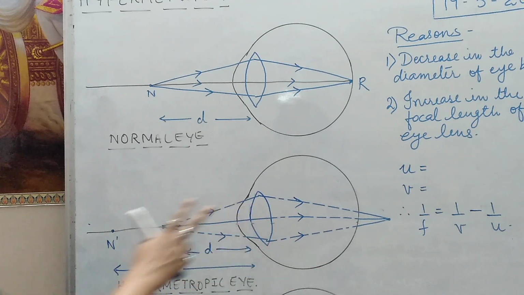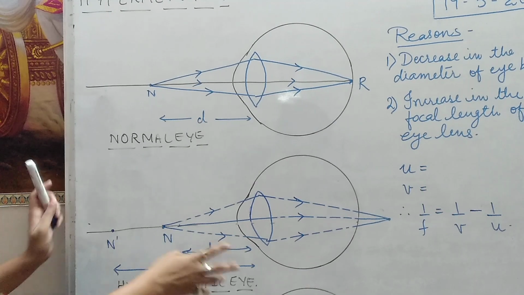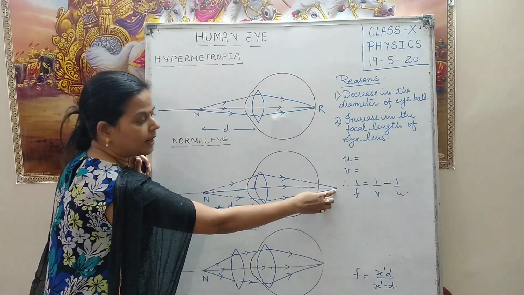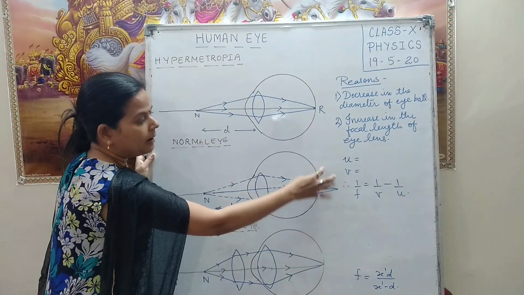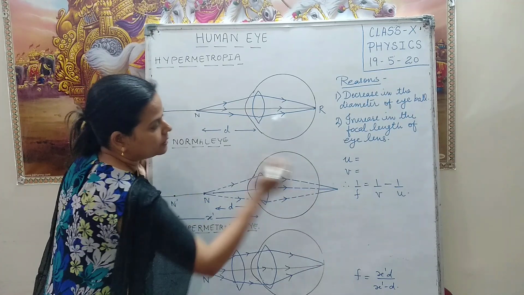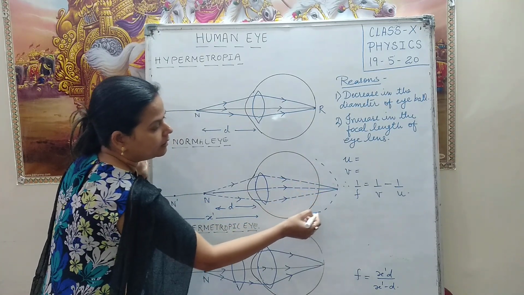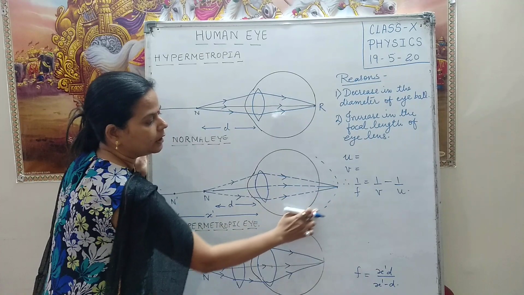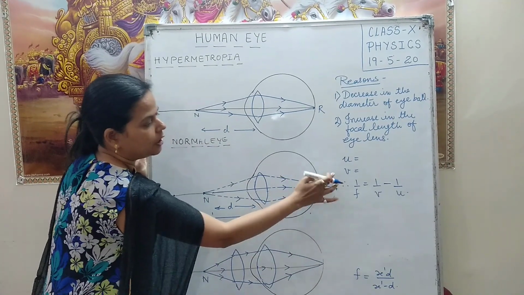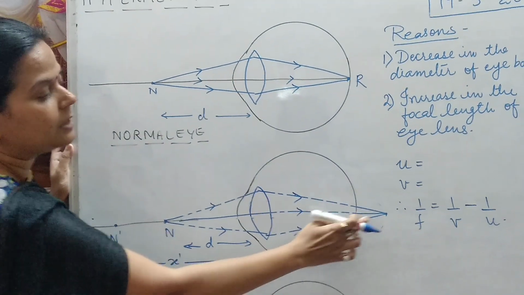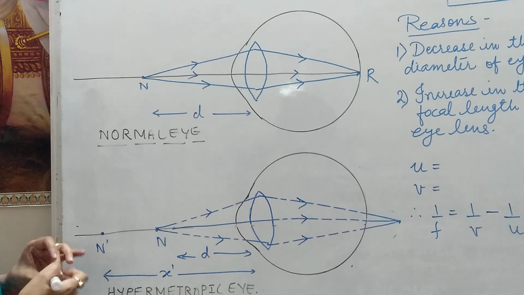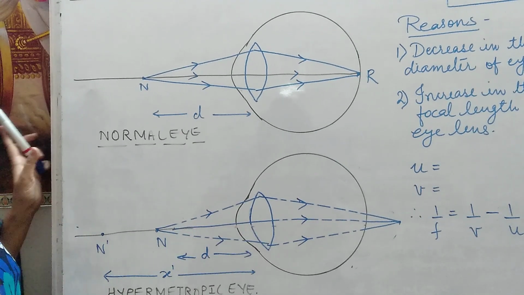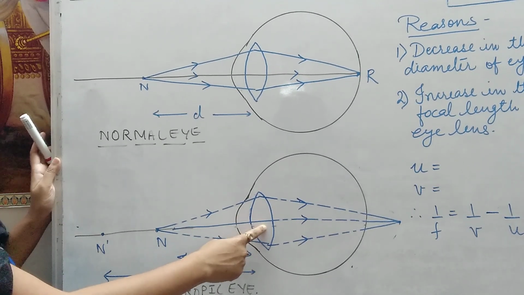So there are two possibilities: either the focus is at the same point, but the eyeball size has decreased, so the retina which was here now moves to this place. That may be the reason, or there may be an increase in the focal length of the eye lens.